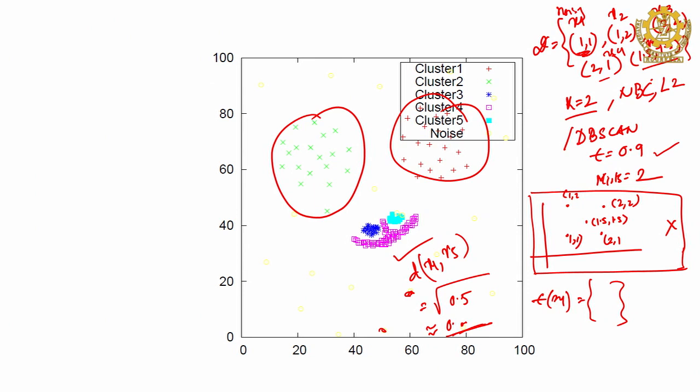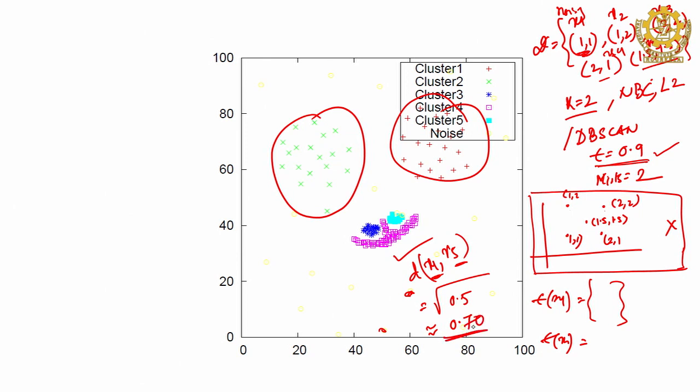Then you go to x2. What will be the epsilon neighborhood of x2? Again you have to compute the distance from x2, which is (1, 2), to all other points. One mistake I made here: the distance from x1 to x5 is 0.5 squared plus 0.5 squared under a root, which is 0.70.